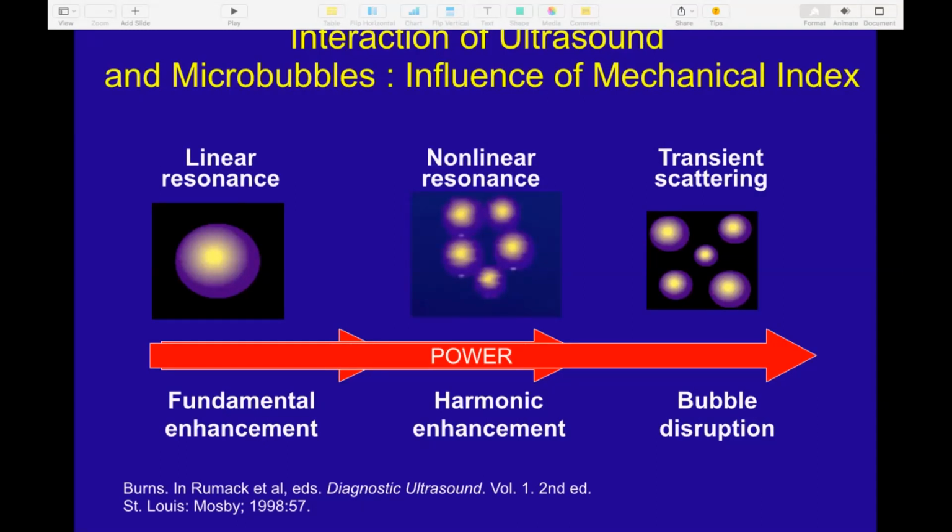So from fundamental to harmonic enhancement and bubble disruption, by varying the mechanical index, you can induce different behavior of these bubbles, which is being used both for opacification as well as for myocardial perfusion imaging.